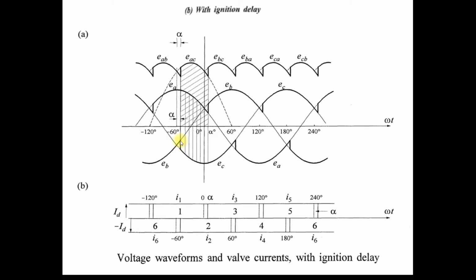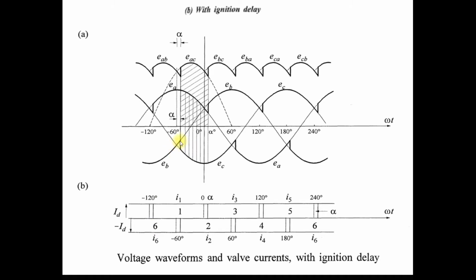Clear? Up to this point, this phase valve remains conducting. The cathode of valve number 6 is connected to the EB phase, so valve number 6 is conducting up to this point. Clear?